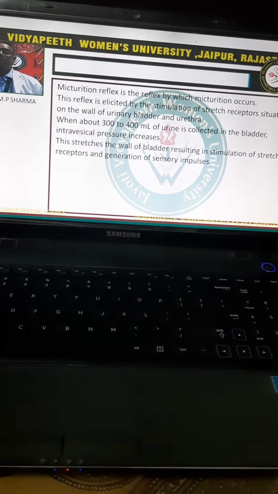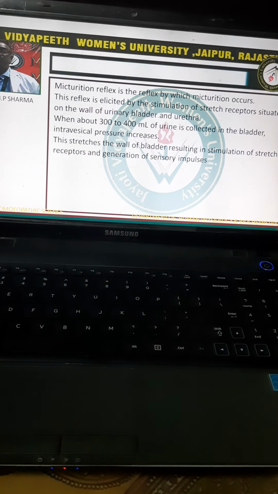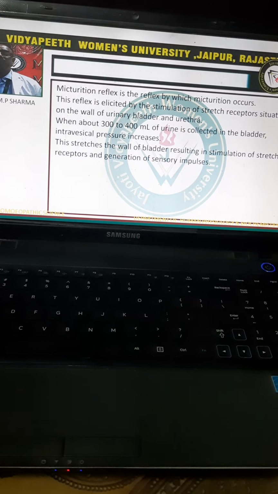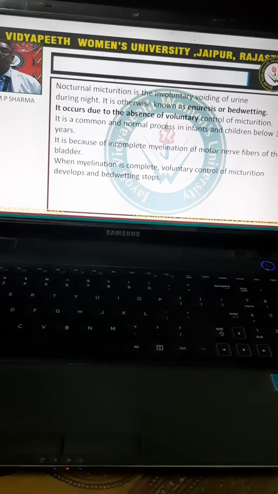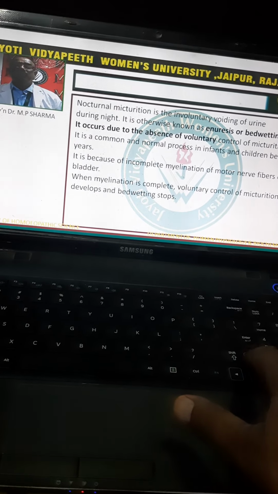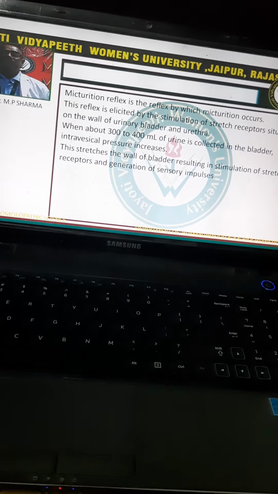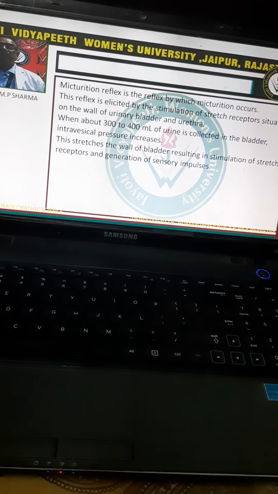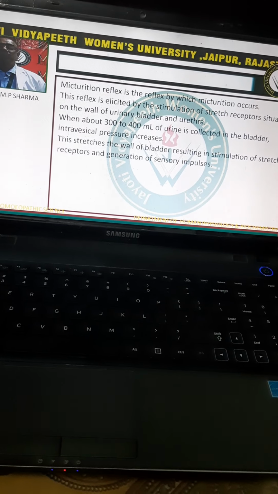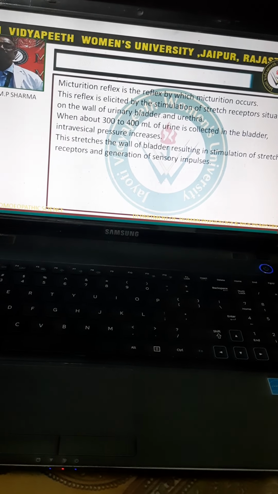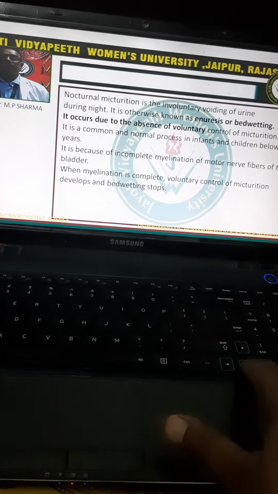When about 300 to 400 milliliters of urine is collected in the bladder, intravesical pressure increases. This stretches the wall of the bladder, resulting in stimulation of stretch receptors and generation of sensory impulses.